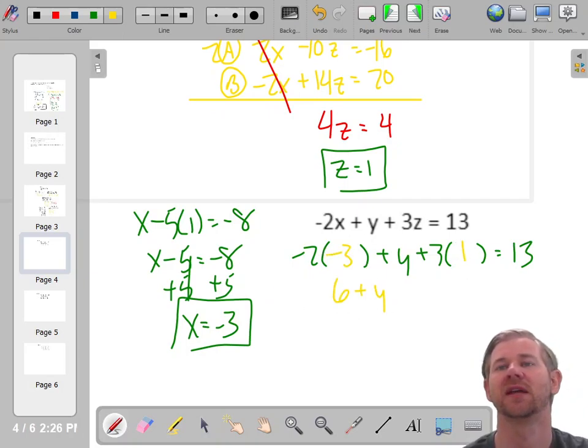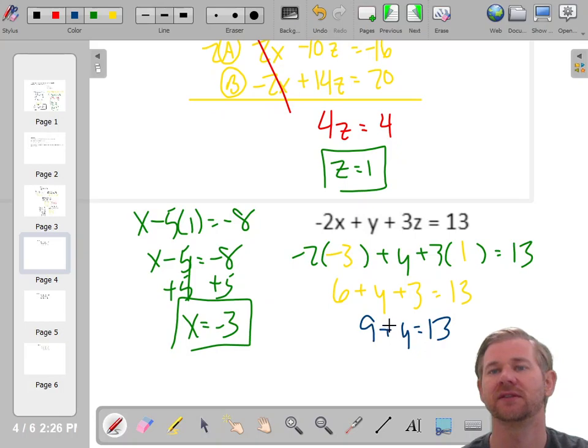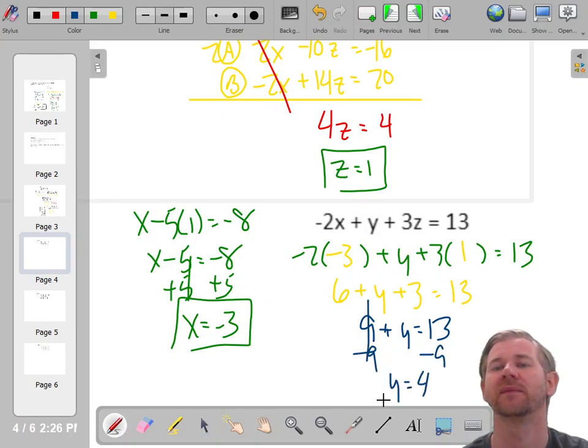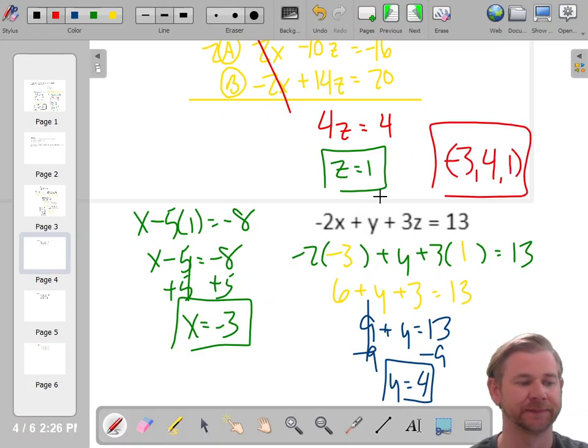So 6 plus y plus 3 equals 13. 9 plus y equals 13. These are like terms. What happens there? There you go. 6 plus 3 is 9. And then last thing, subtract 9, and you get 4. So as an ordered triple, x, y, z. Okay? So negative 3, 4, 1.